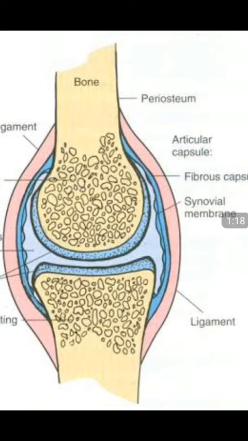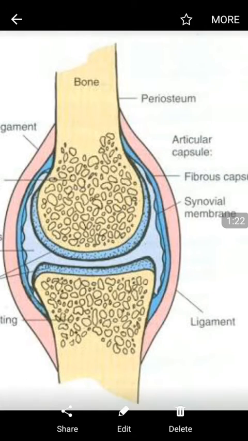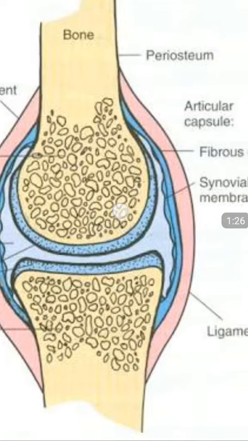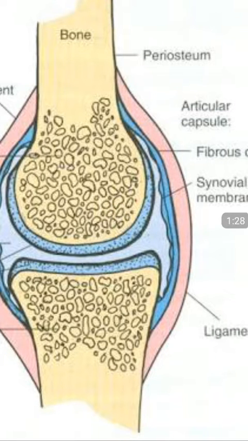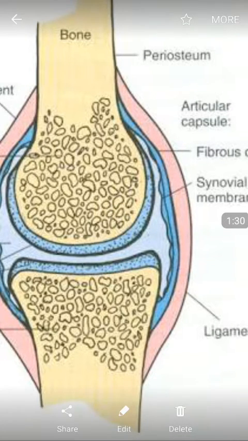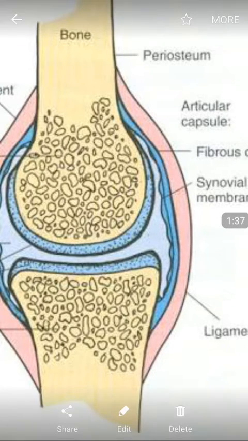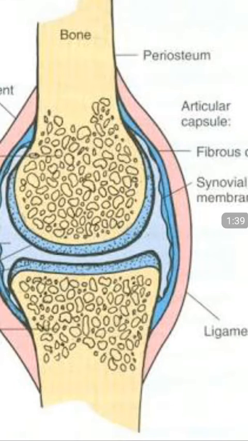This pink one, you can see, goes and attaches beyond the articular margin of the bone. What is the articular margin? The articular margin is a point where this hyaline cartilage doesn't continue further.